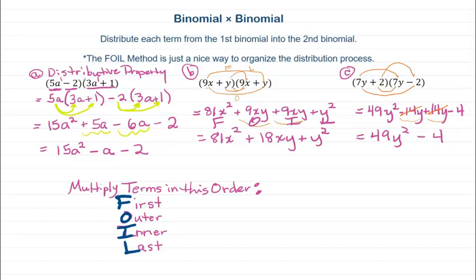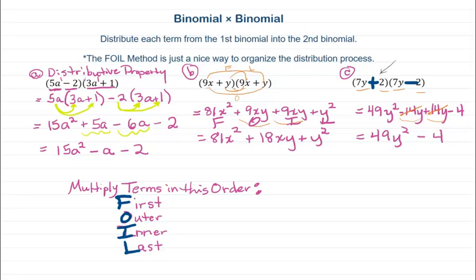And you're going to want to start noticing patterns when you have certain degreed polynomials that are multiplied. What we have in this problem in example C, so we have 7y and we have 2 and 2, but what's different about them is we have one that is plus and one that's minus. Now the word for this is conjugates.